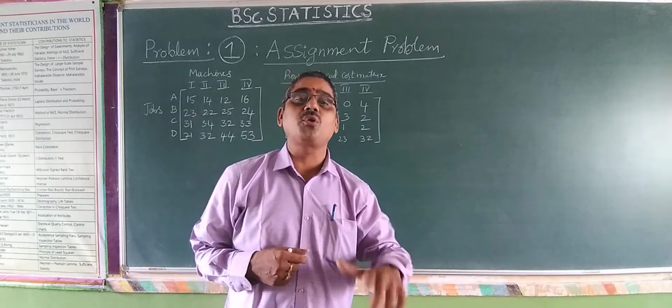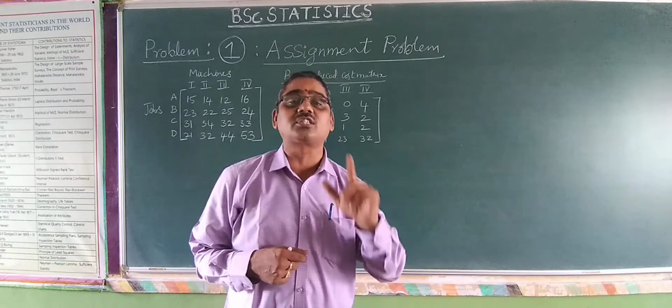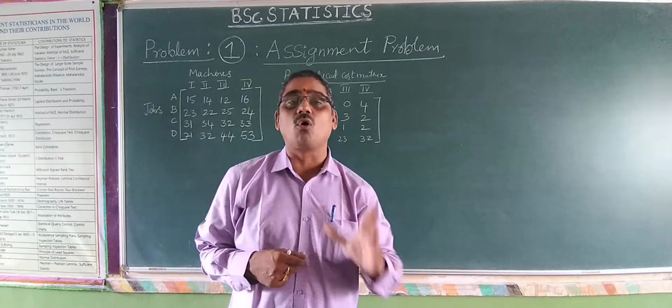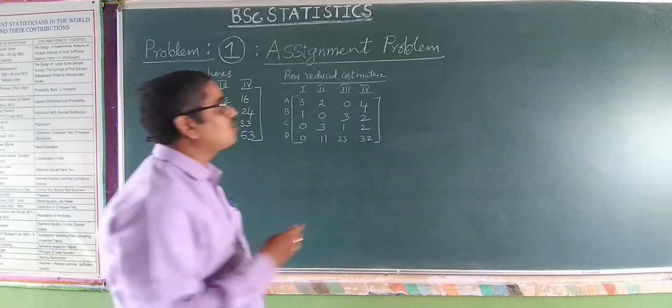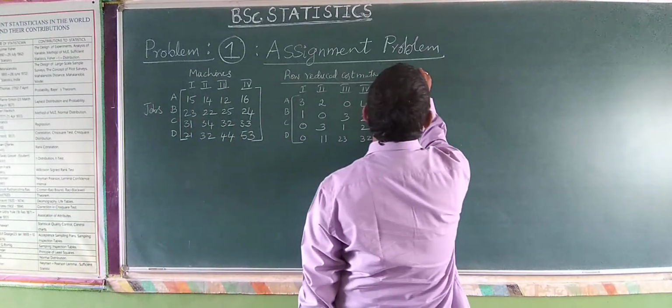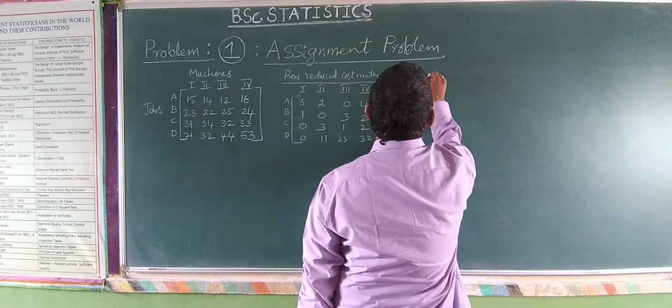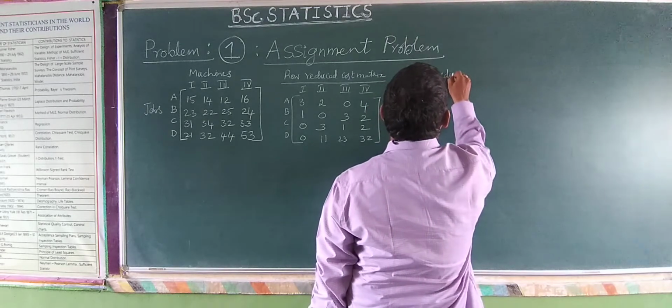We have to ensure that at least a single 0 is there in every row. Then we have to calculate the column reduced cost matrix.